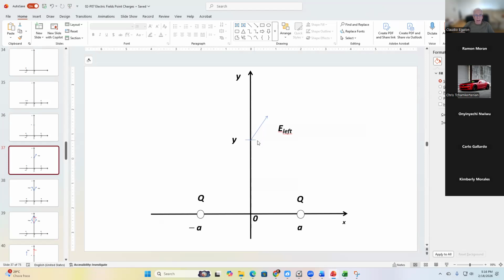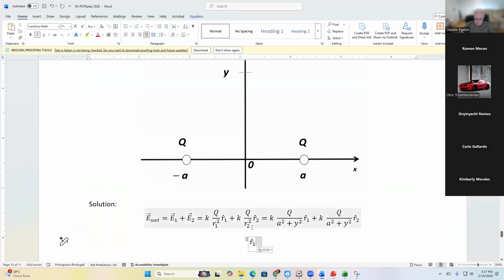R1 hat has an X component and a Y component. Both the X and Y components are positive, okay? The only difference is that the X component of R2 hat is going to be negative. That's the only difference. I'm going to write R1 like that: R1 is going to be A times X hat, I do not know what A is yet, plus B along Y hat.